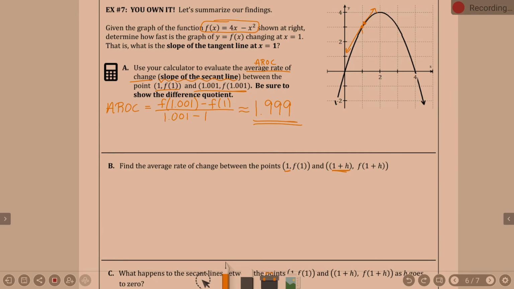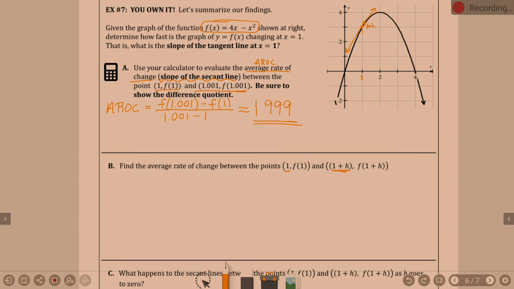The second point I'm using is going to represent 1 plus h, which could be 1.001 as well. How do we know it's all the way there, at 3? Well, x equals 1 is the value I was starting with, and 1 on the graph is up at 3. Oh, okay. Is that what you're asking there? Okay.